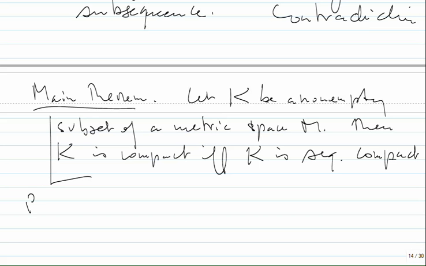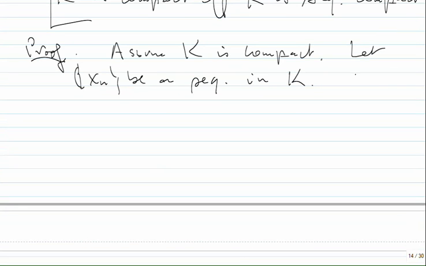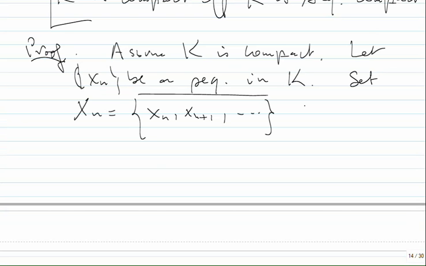Okay, proof. Assume K is compact. Let xn be a sequence in K. Set Xn to be the closure of xn, xn plus 1, etc., which is a subset of K. Clearly, Xn is decreasing.